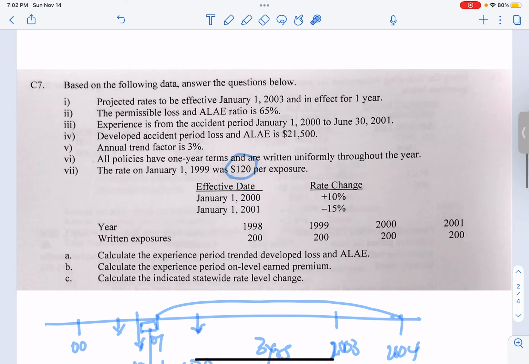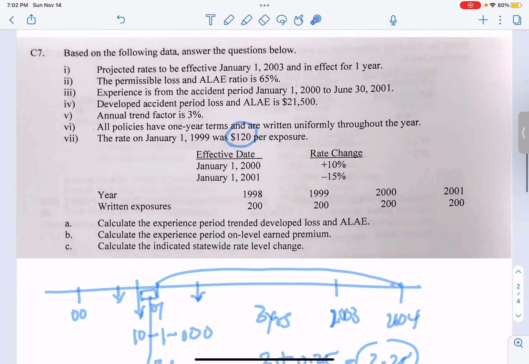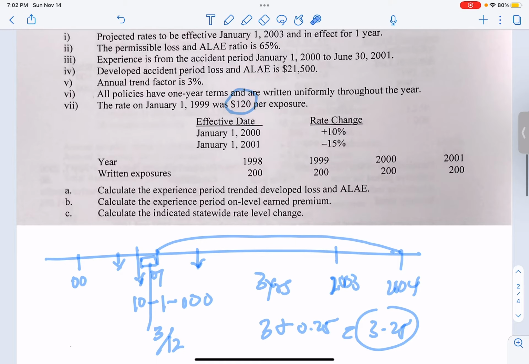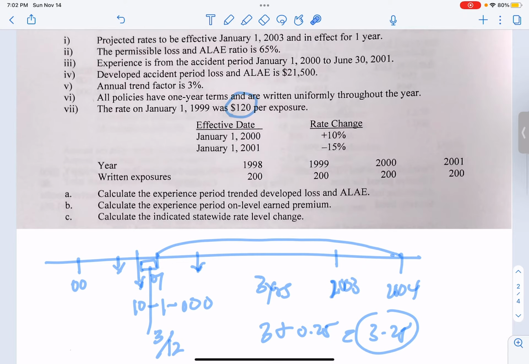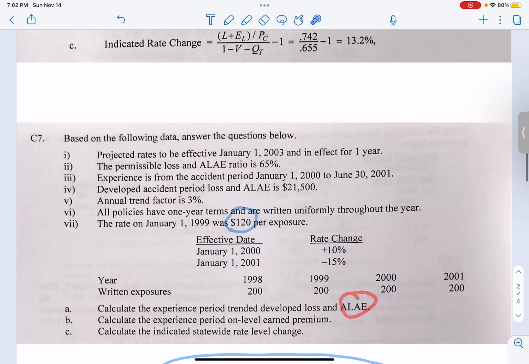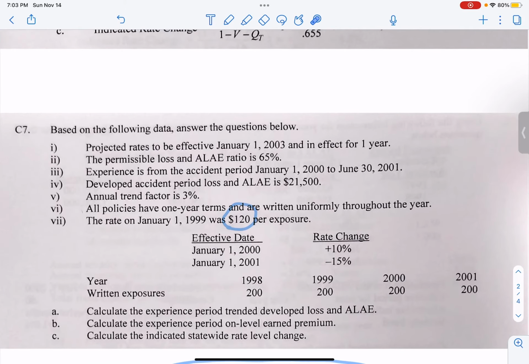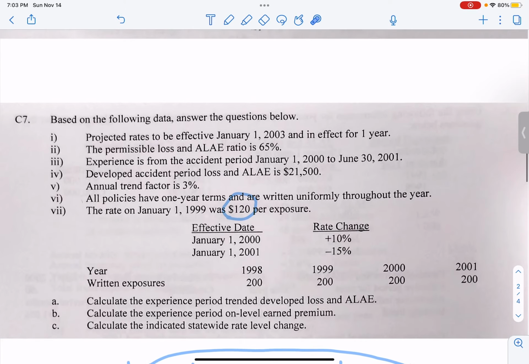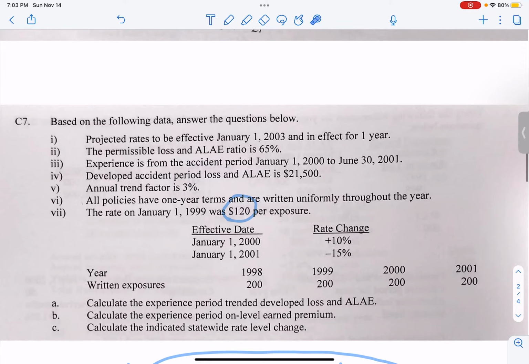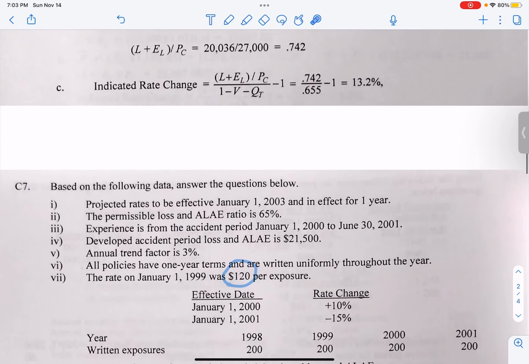For question 7, we are to calculate the experience period, trended developed loss, and allocated loss adjustment expense. So we have been given the projected rate to be effective January 1, 2003, and it's in for 1 year.